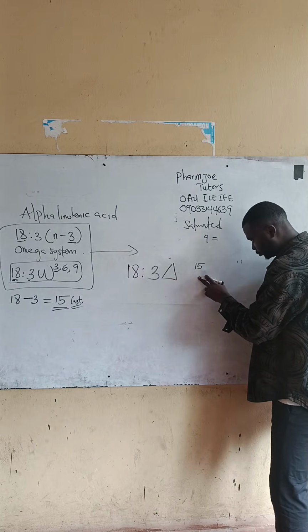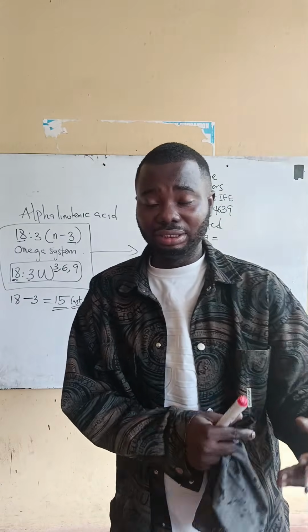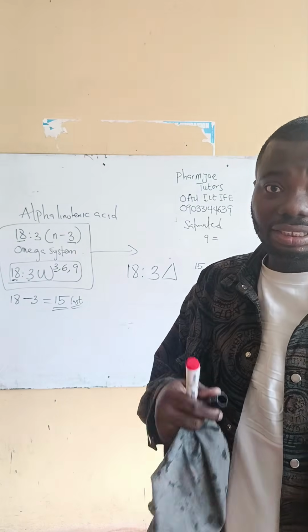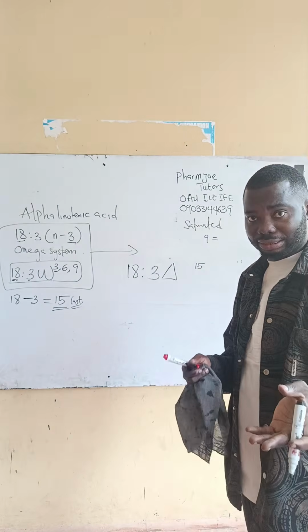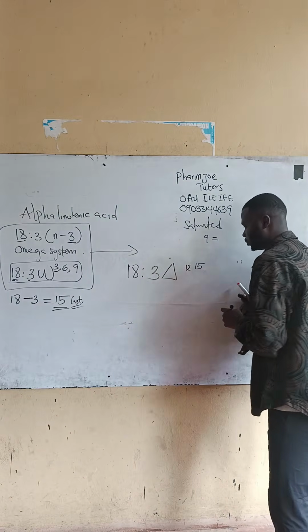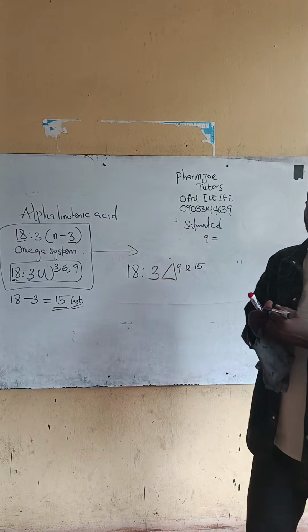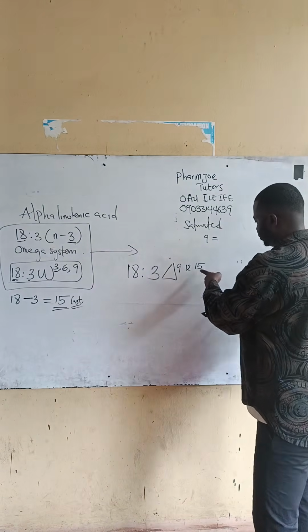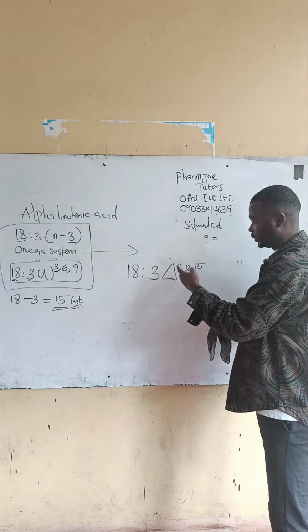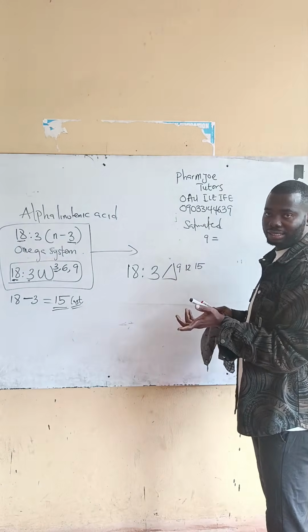I told you that they are always 3 to each other. So this one is going to be 12, then the next one is going to be 9. If you subtract 3 from 15, it gives us 12. If you subtract 3 from 12, it gives us 9.